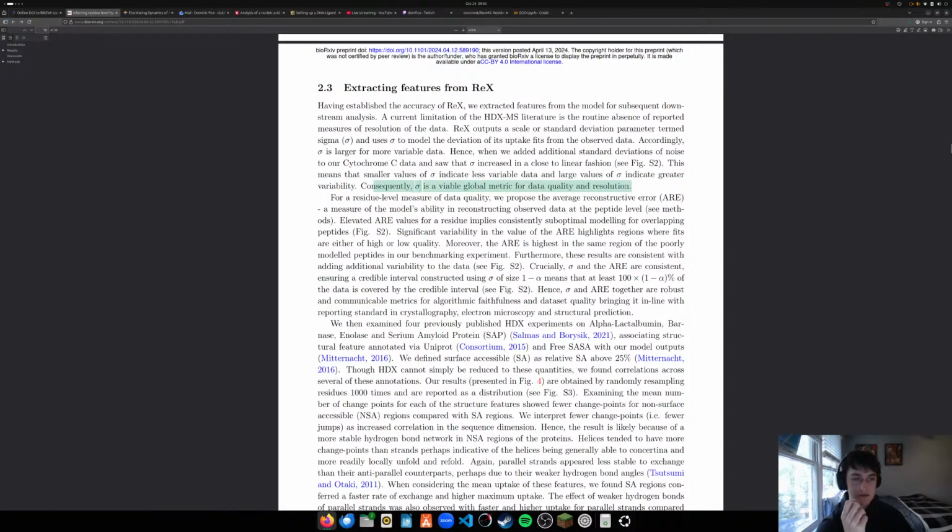Data quality and resolution. I'm not 100% sure about that, because there's differences in back exchange and experimental differences that kind of determine the shifts, right?